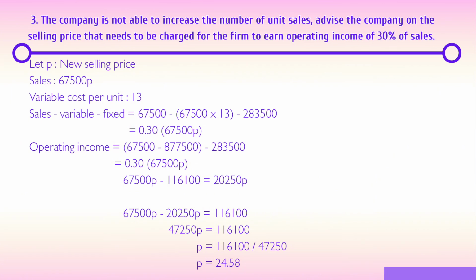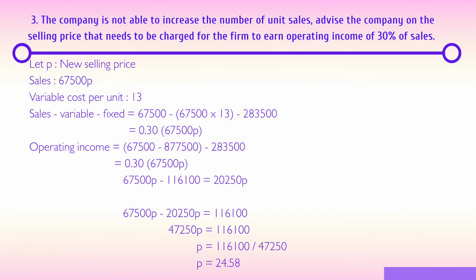So we look at the question. The question requires operating income to be 30% of sales. So we set up the equation 67,500 P minus 877,500 minus 283,500 equals 30% of 67,500 P. So, after simplifying and solving the equation, we get P equals 24 ringgit and 58 cents.